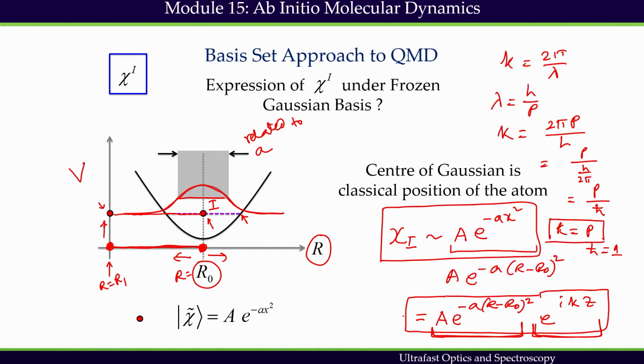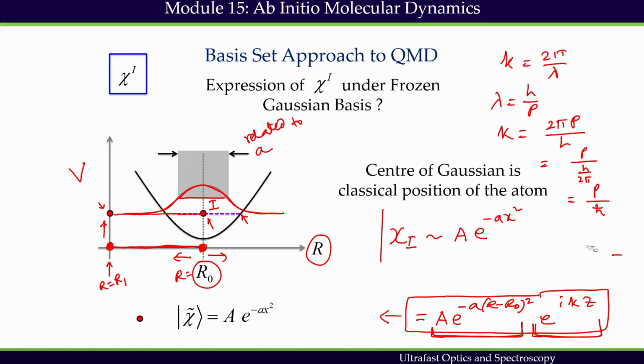So I can rewrite this expression as follows. I can express the traveling Gaussian function as e to the power minus a (r minus r naught) square, representing the Gaussian, and the traveling part, the wave component, is going to be e to the power i p times (r minus r naught).